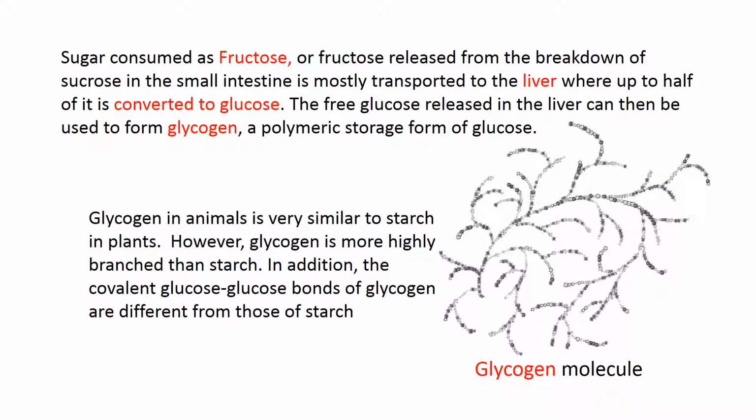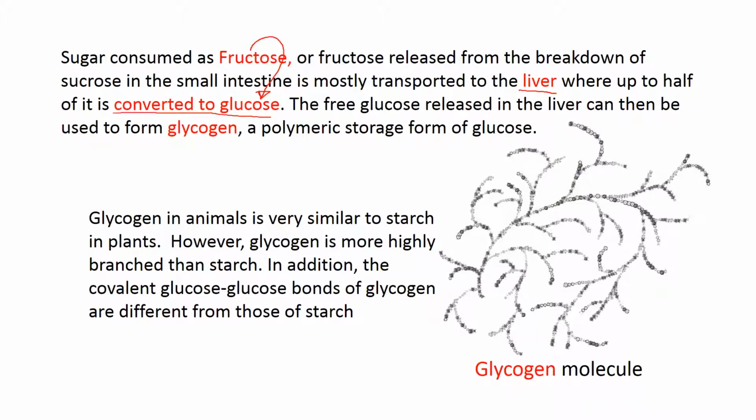Now, sugar consumed as fructose, for example, when you eat fruit, or fructose that is released from the breakdown of sucrose in the small intestine, is mostly transported to the liver, where up to half of it is converted to glucose. So here we have fructose being converted to glucose in the liver.